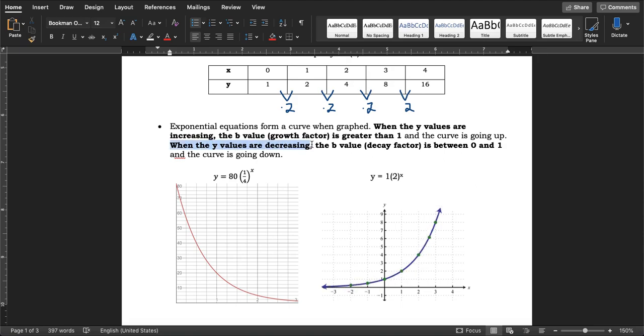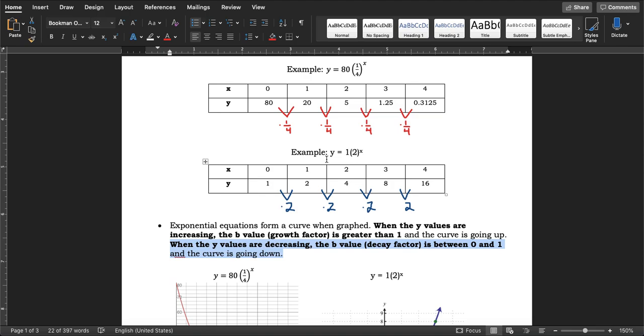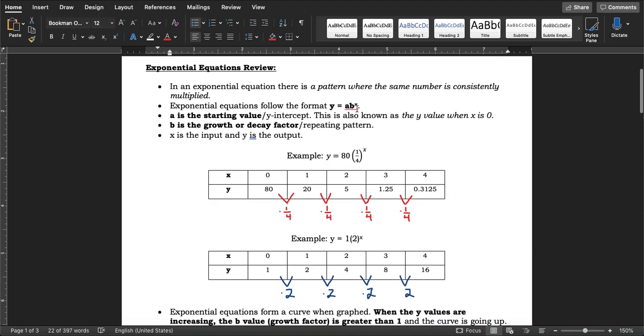When the y values are decreasing, the b value, also known as a decay factor, is between 0 and 1, and the curve will be going down. So as we mentioned before, if our b value causes the y values to decrease, we'll call it the decay factor.